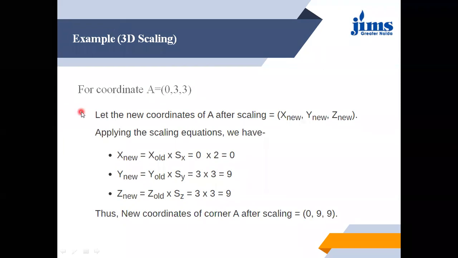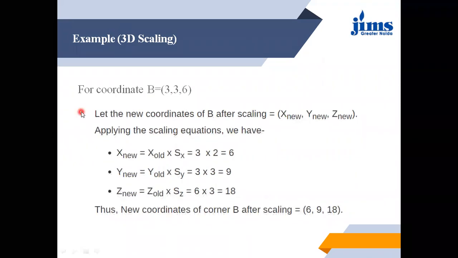In the same manner, we have to find the new coordinates for point B. The original coordinates of B are 3, 3 and 6. So the value of x old is 3, the value of y old is 3 and the value of z old is 6.